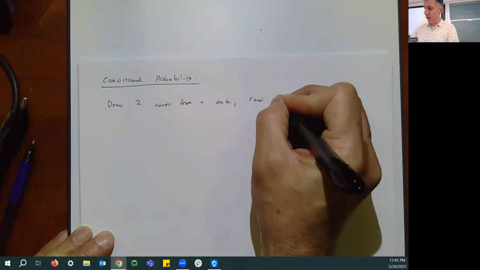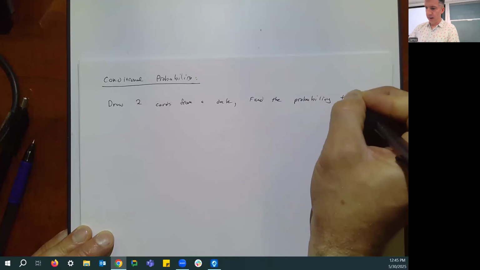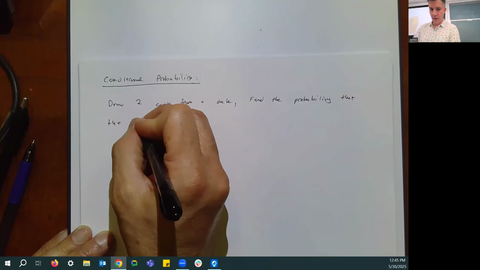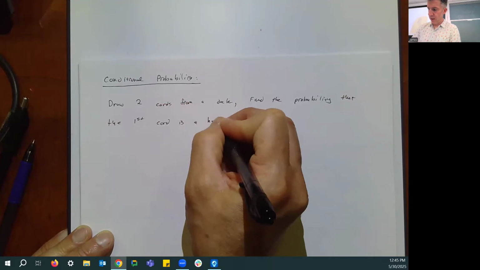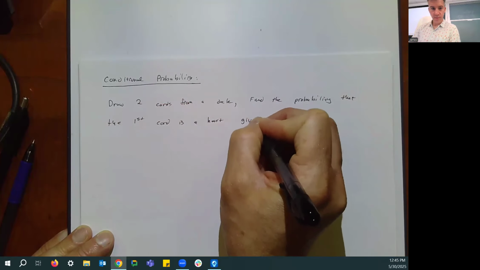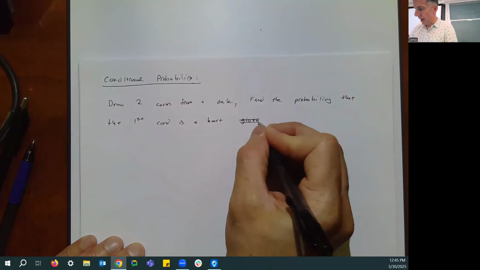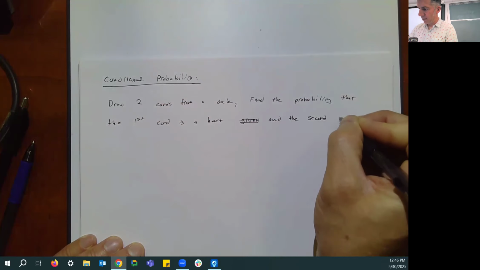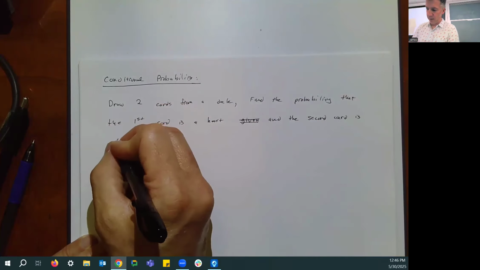Find the probability that the first card is a heart, given, oh sorry, not given yet, apologies, and the second card is a heart. So this is not conditional probability yet. This is still leading up to that.